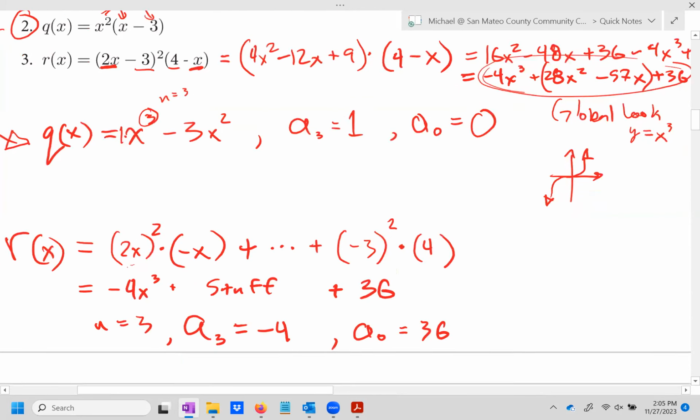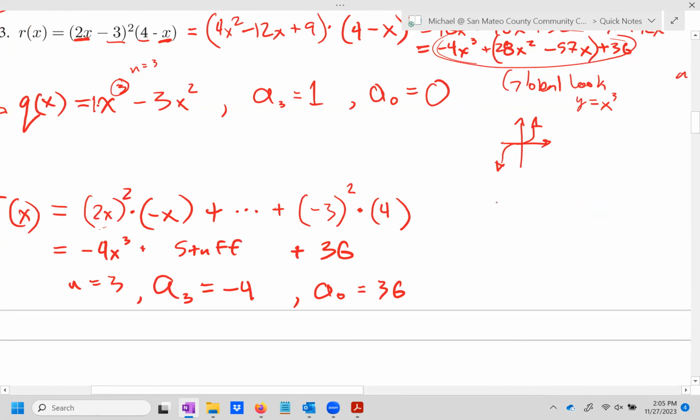Okay, now let's be more careful here. What's the global look? It looks like y equals negative 4x cubed, which means it's like a vertical flip. This means it's an upside down one.